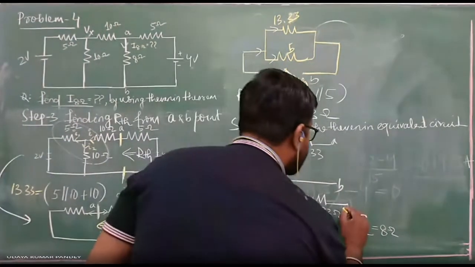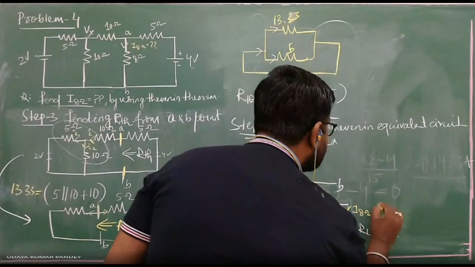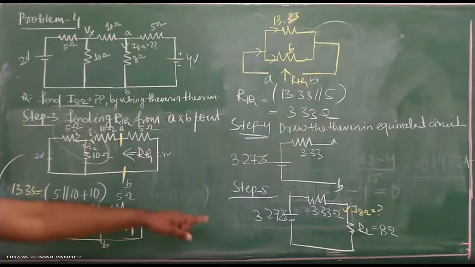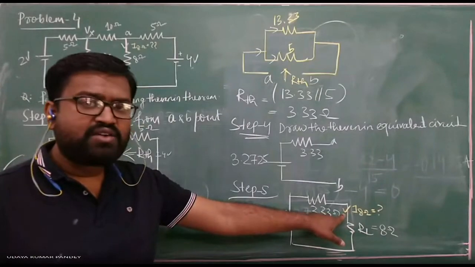Now you can calculate. My question asks to calculate I8 ohm. You can calculate this current now. Yes, sir. So 0.2811.